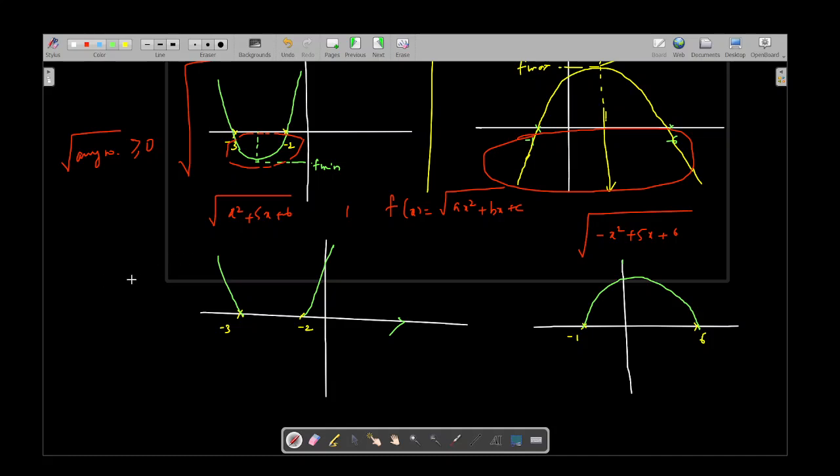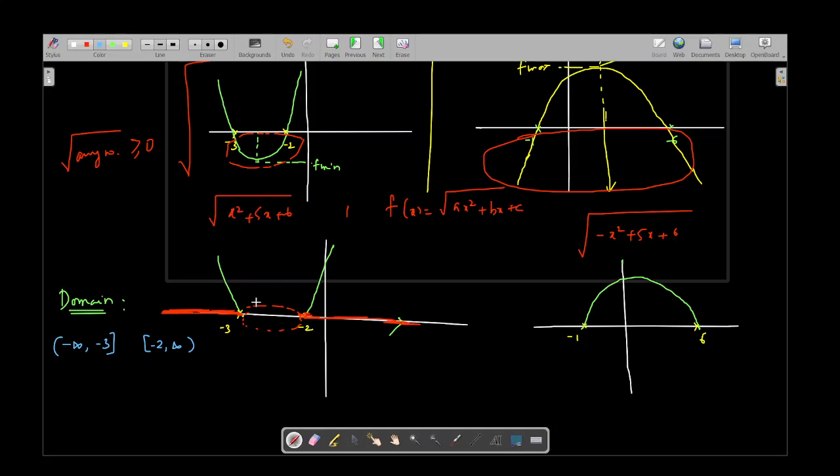So what I'm trying to say here is, if we have square root of ax squared plus bx plus c, then for the up looking function the curve exists from -infinity to this root, and from the other root all the way to infinity. We don't have any curve in between. So the domain of such a function is -infinity to -3, and -2 to infinity.